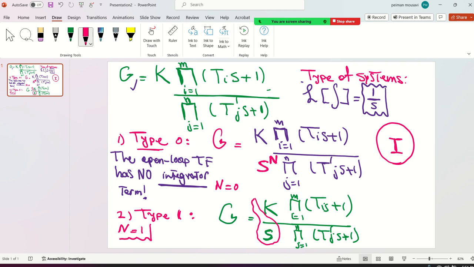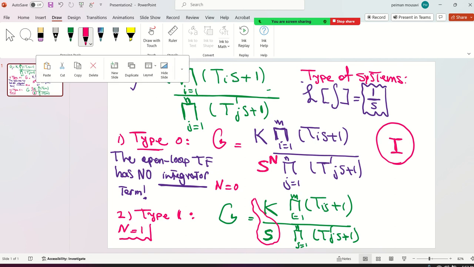Interesting, right? When I teach you the PID controller, you're going to see it's a good system that has one integrator inside, one I controller inside. This is type 1 systems. You got it?